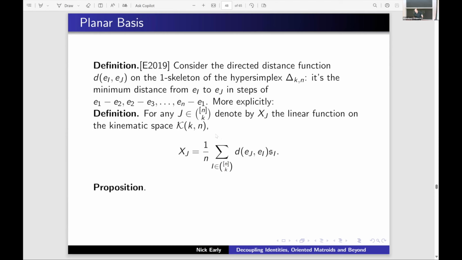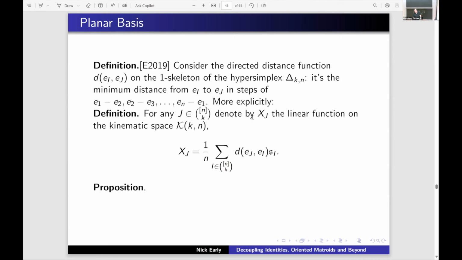What we do is fix the vertex E_I, and then take our walk in the directions E1 minus E2, E2 minus E3, etc., finally in the direction E_n minus E1. We vary over all walks and find the minimum length until we get to the coefficient we're after.